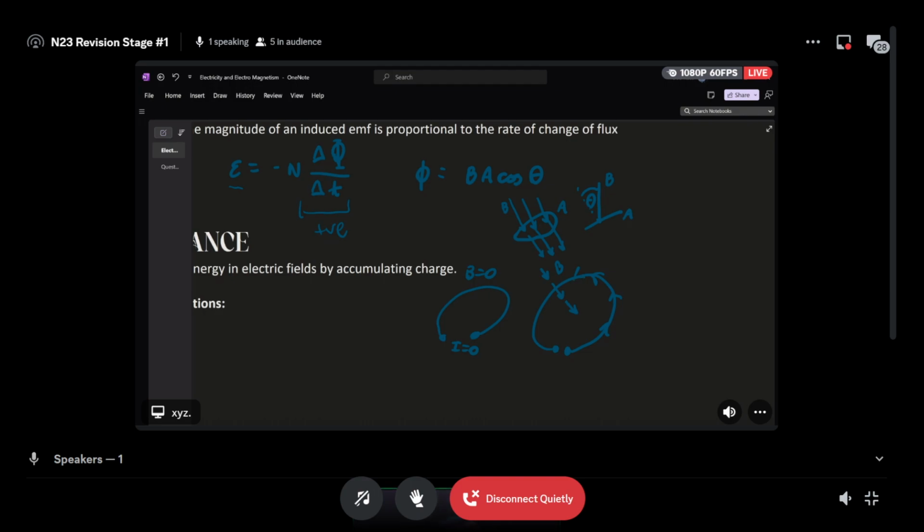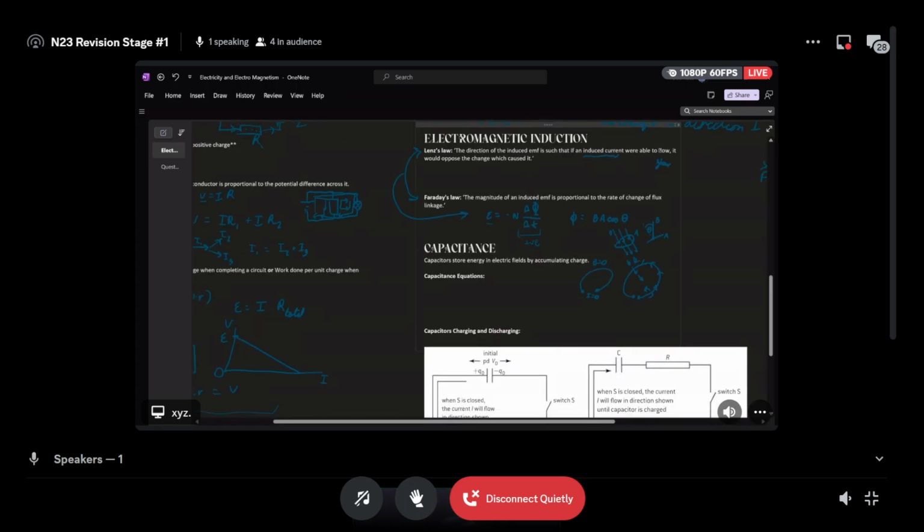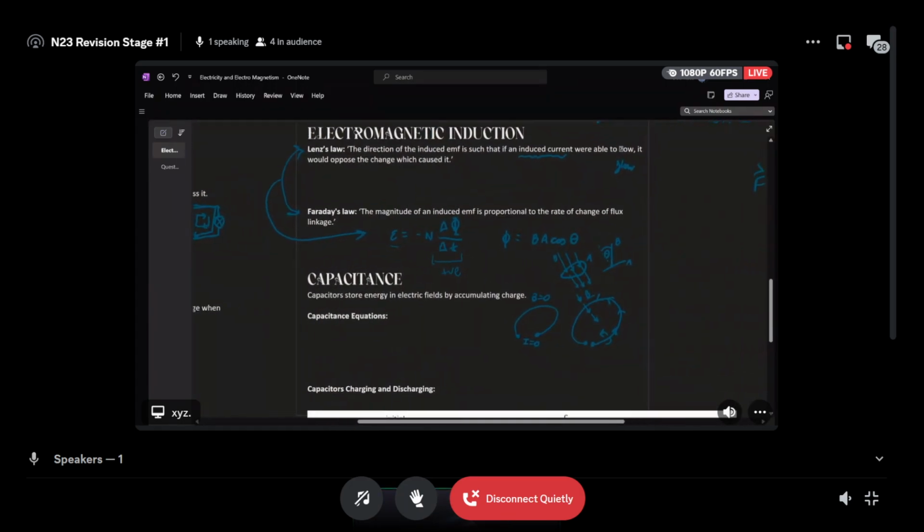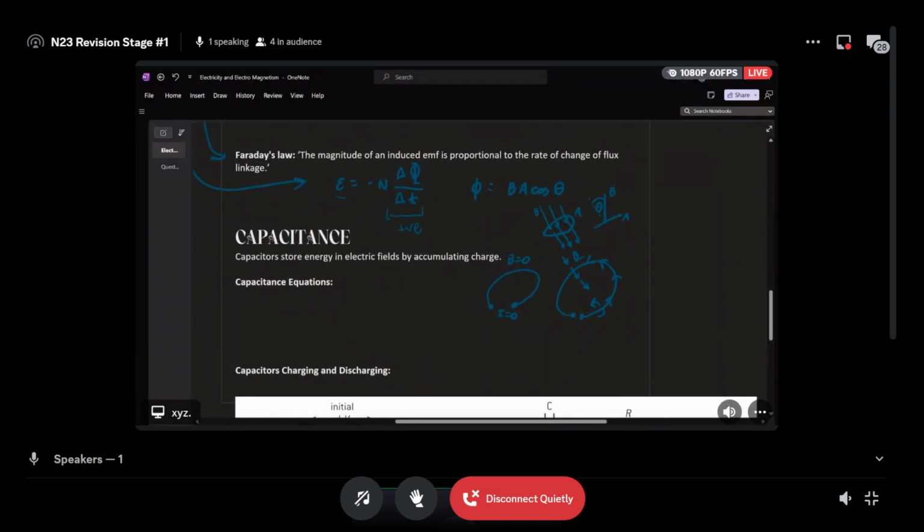Because this current, if we use our right-hand thumb rule, will produce a magnetic field that inside this area will oppose the magnetic field that caused the current in the first place. Okay? That is Lenz's law in action.